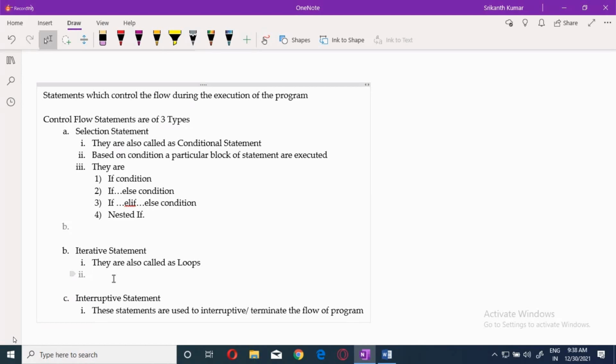Here, a block of statements are executed repeatedly until and unless the condition is satisfied.